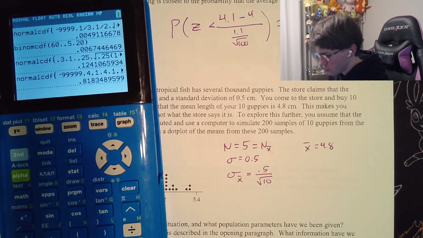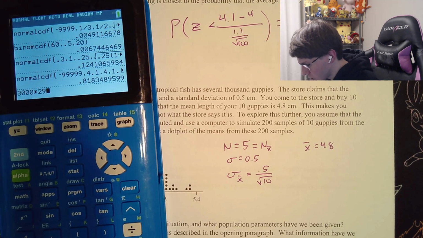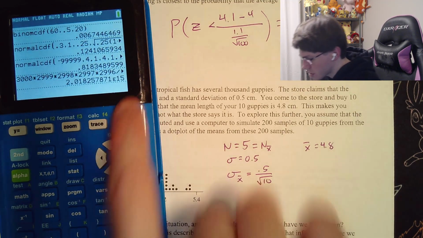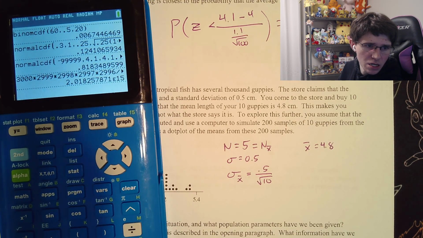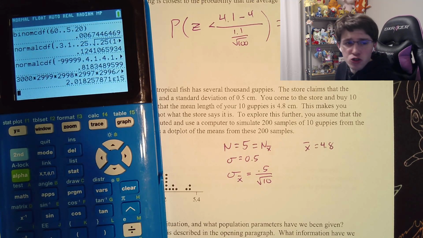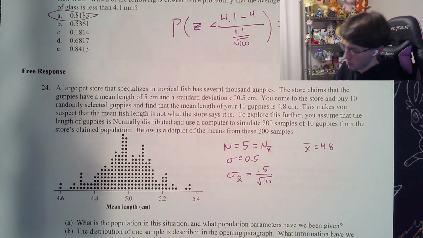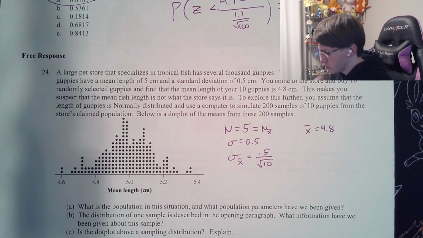Then it'd be 3,000 times 2999 times 2998 times 2997 times 2996, divided by 5 factorial, which is 120. So times 10 to the 15th power, we're talking in the trillions there. Yeah, 2 trillion dots if you wanted to actually put all of them on here. We put 200 of them. That's good enough. Either way, we put our 200 here.